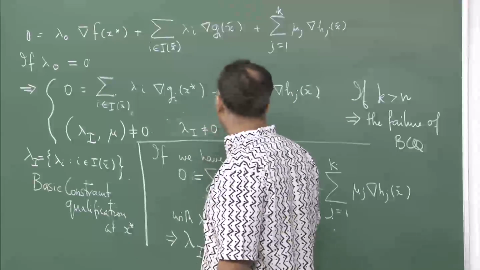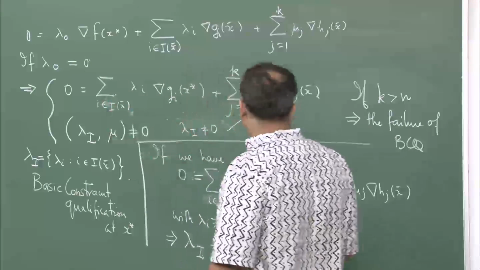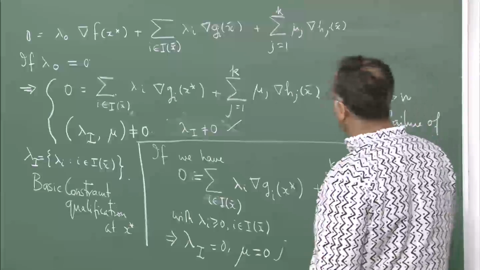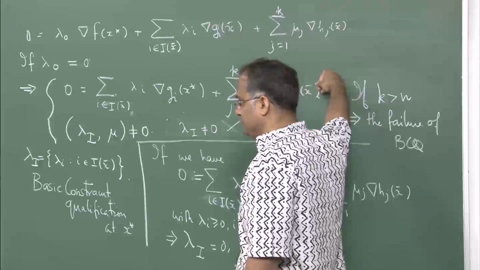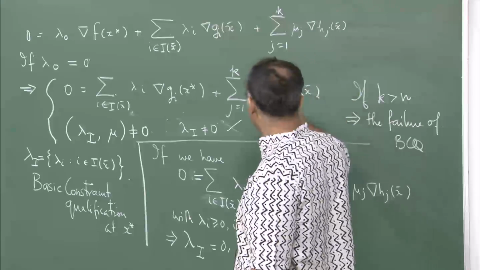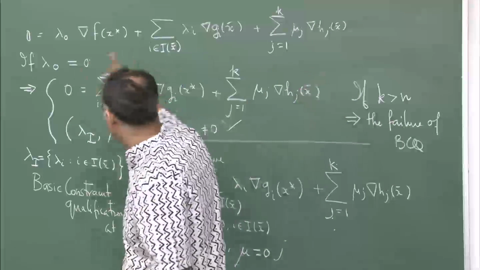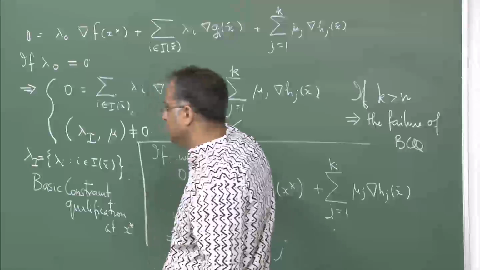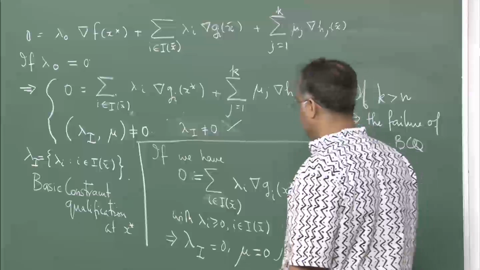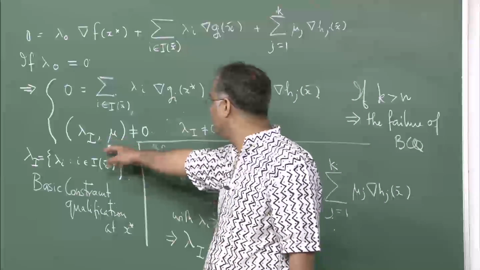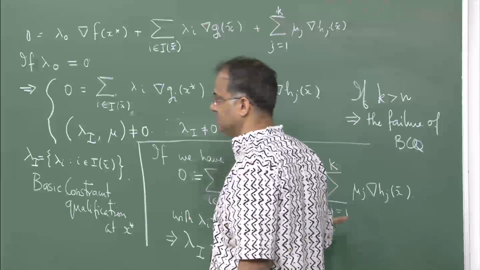Now, if you say that BCQ is holding, then this has to be always linearly independent. Once you say that it is linearly independent, this system cannot have a solution, because if this system has a solution with lambda i greater than or equal to 0 and lambda i not equal to 0, then this system has failed.